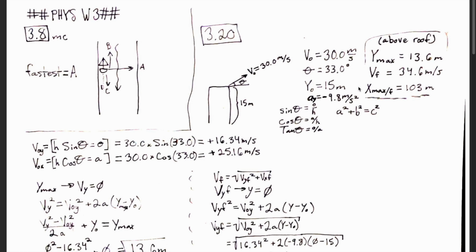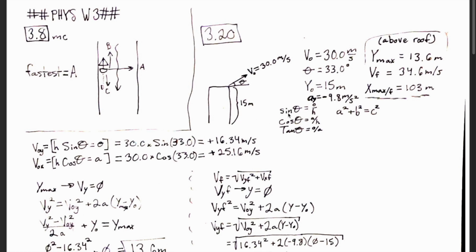And then you put it into a list format. So here is what we are given. We know that the acceleration in the y direction is gravity, negative 9.8 meters per second squared. And we set y initial to 15 meters because it's 15 above the ground here.